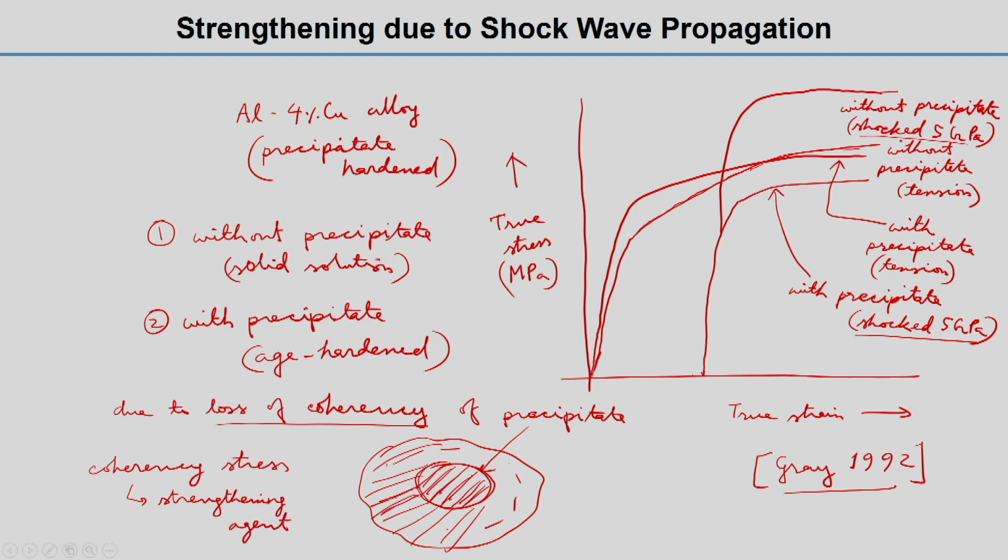So, this coherency stress is a strengthening agent, and that means it acts as an obstacle. I will write in the next slide: coherency stress acts as obstacles to dislocation motion. So, what happens when you have high pressure due to shock loading?